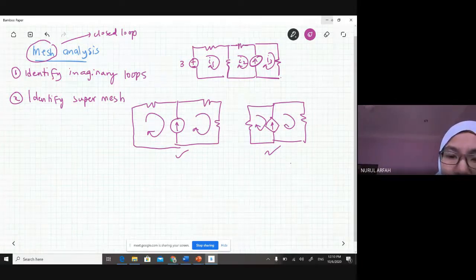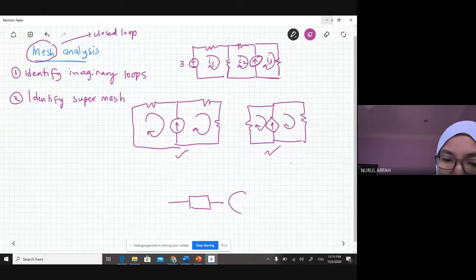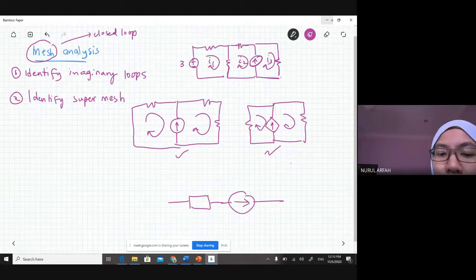And we go through our basics. If we have something in series with a current source, what do you think we have? The current here is equal to what? If this is IS, what is I1 here?